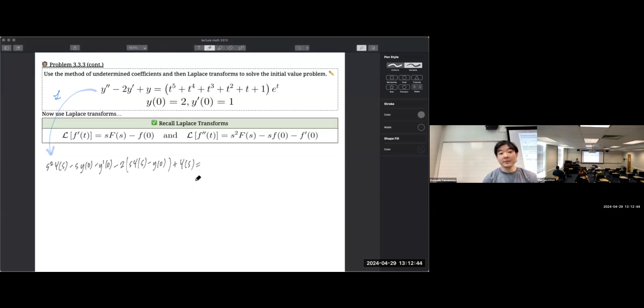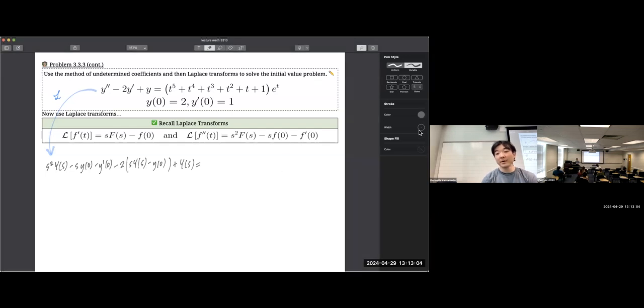And then I'm going to take the Laplace transform of all of these. If you distribute the e to the t on each of these, it's like the shifting theorem applied to t to the 5th, t to the 4th, t to the 3rd, and so forth.